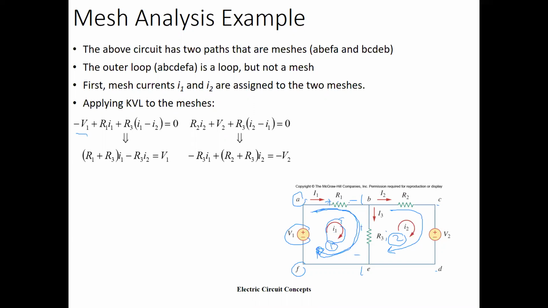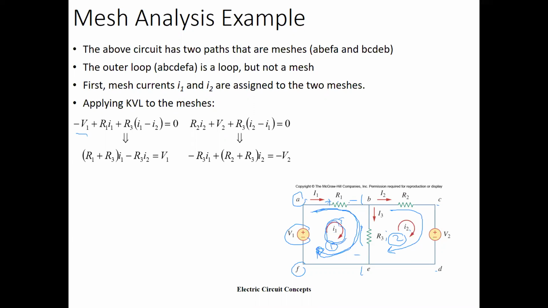Okay, and then we have the minus sign. Now, again, there are two ways when you come to the resistor or the element that is shared by two meshes. We see R3 was shared, or common, between loop 1 and loop 2.